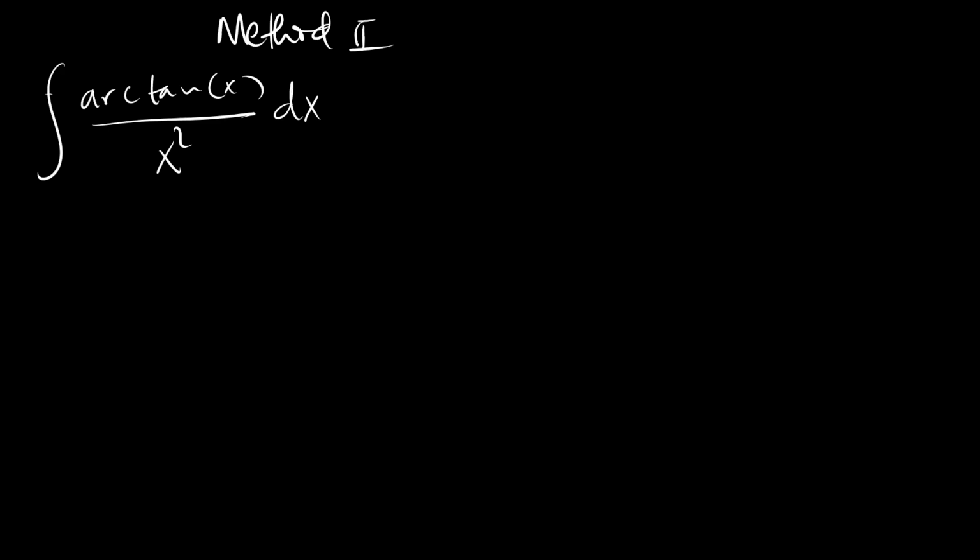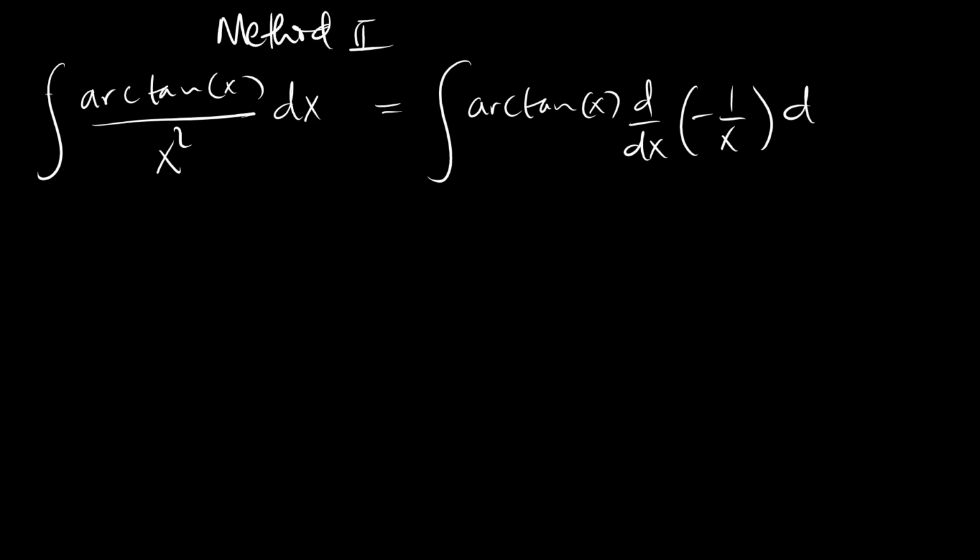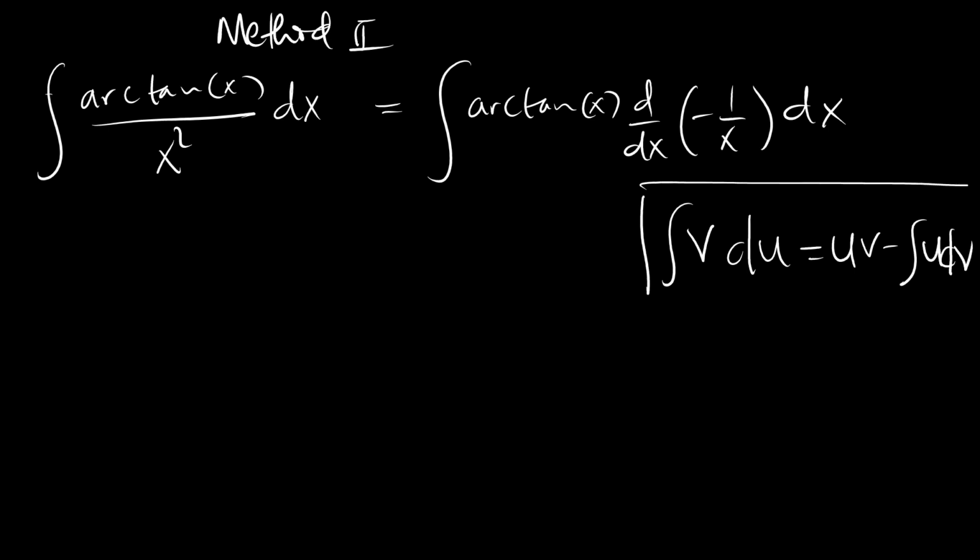And this can be expressed as arctangent of x times the derivative of negative 1 over x, right? So using integration by parts, where if we have the integral of v times the derivative of function u, when you integrate that, you get uv minus the integral of u times the derivative of v, right?